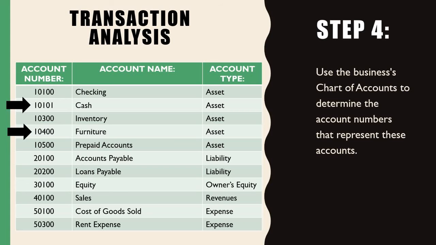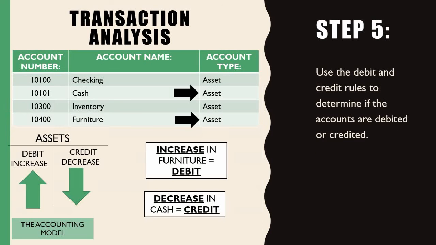We're going to determine how me purchasing the furniture works using the accounting model. Well, I'm purchasing an asset, so I'm increasing an asset, but because I spent money, I also decreased an asset, okay? So now we could go to step 5, using the debit and credit system. How do we plug it into our journal?